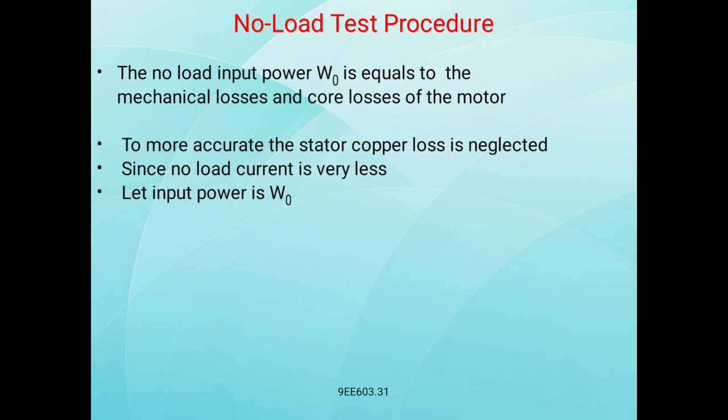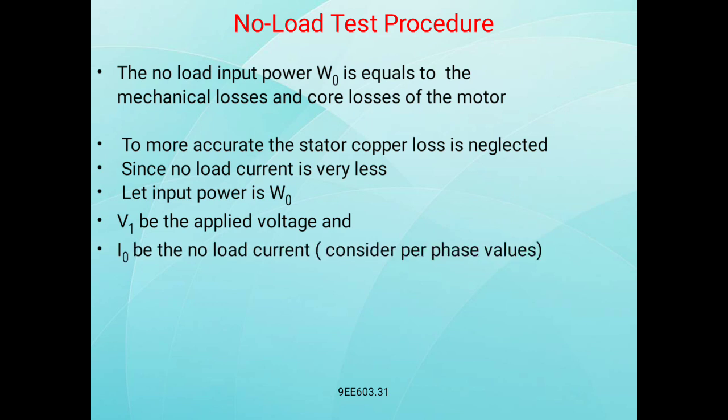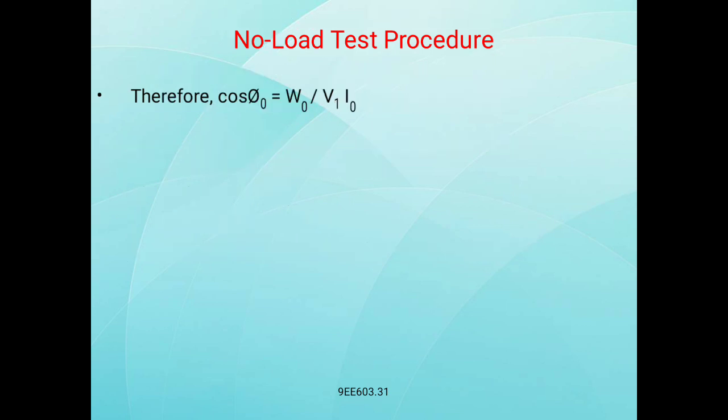Let the input power be W0, V1 the applied voltage and I naught the no load current, considered for phase values. Therefore, cos phi naught is equal to W naught by V1 I naught, and W naught is equal to V1 I naught cos phi naught.